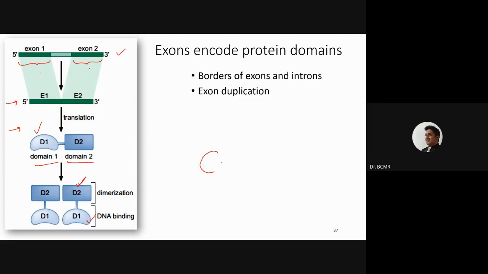So each one, D1 is coded by exon 1 and D2 is coded by exon 2. So if not in all, in many locations you would find that one exon is coding for one domain.